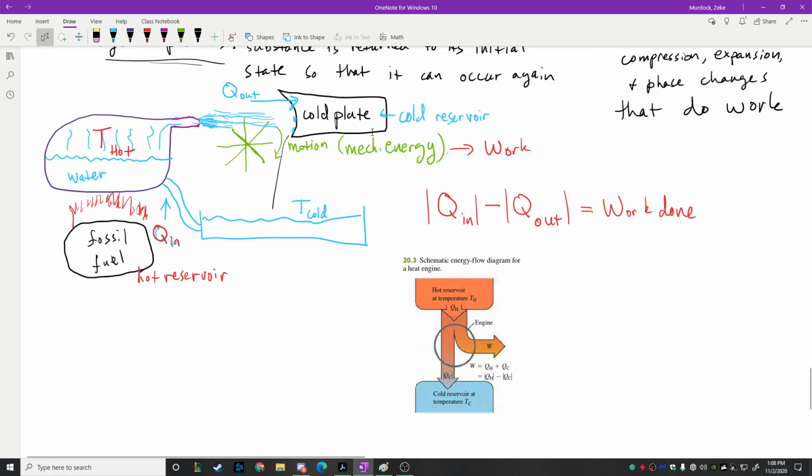So I guess in that sense, the fact that the cold reservoir needs to be able to stay cold, yeah, in that sense. But what I would say is, if you look at the way that this equation works out, you have input of energy in terms of burning the fossil fuels, right? It increases the internal energy of the water to the point where there's a phase change. Once that phase change occurs, the water has a lot of kinetic energy that you can extract. You extract the kinetic energy via a turbine.